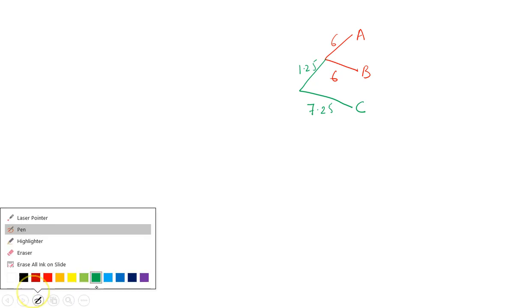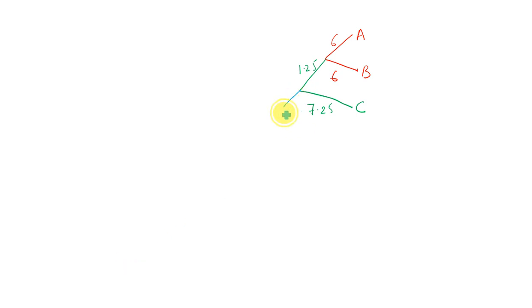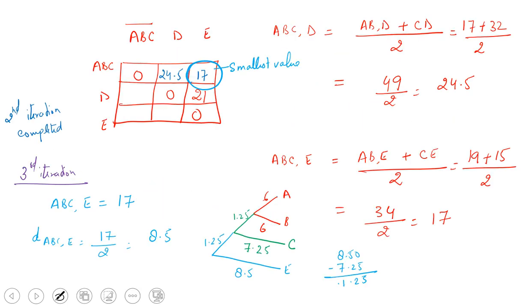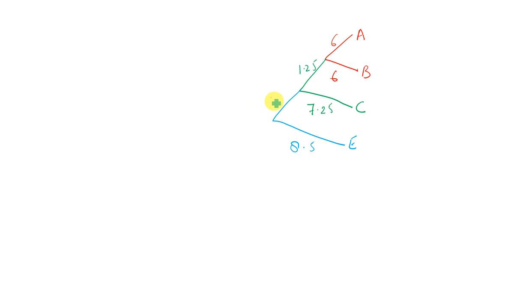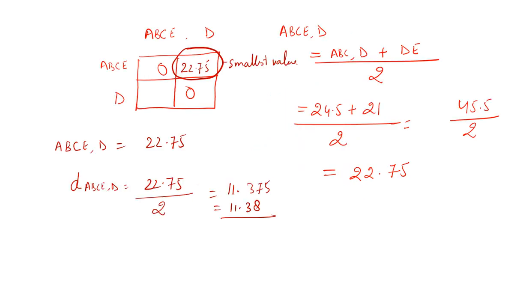Now the next tree we had ABCE and that was 8.5, so again here it was 1.25. And now the final tree what we have, it is D, and this value is 11.38.